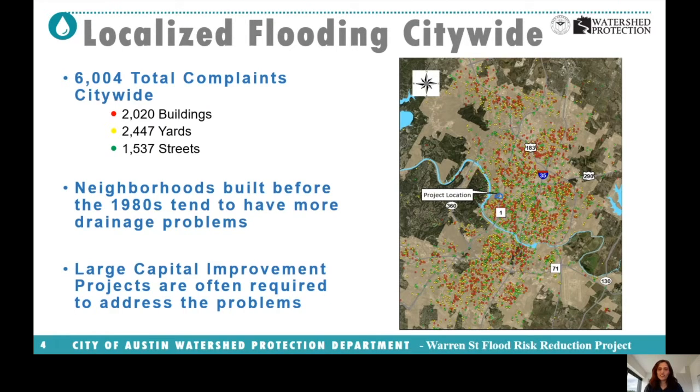Just looking at the extent of the problem we have in the entire city, it often requires large capital improvement projects to address these problems. And these projects need a lot of time and money to fix the flooding.